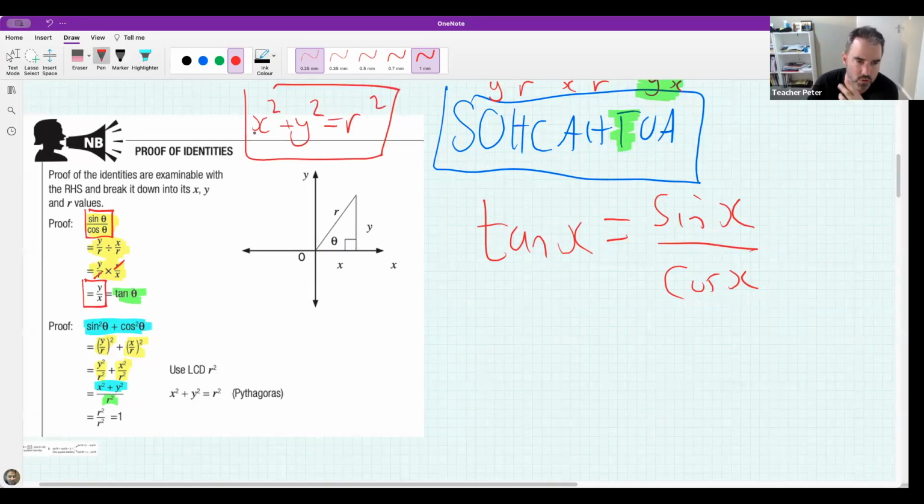So we can replace the thing in blue with r squared. But then what is r squared over r squared? It's just going to be 1. And so what we can then say is that sine squared theta plus cos squared theta equals 1. Or the way I said it was sine squared x plus cos squared x equals 1.